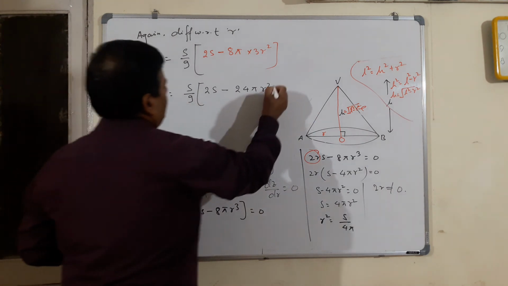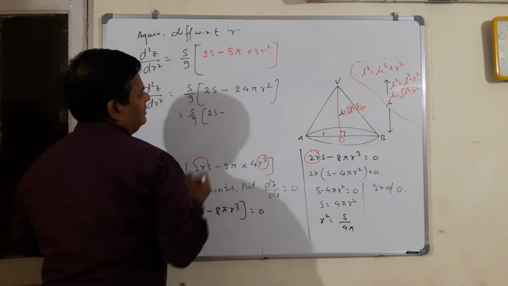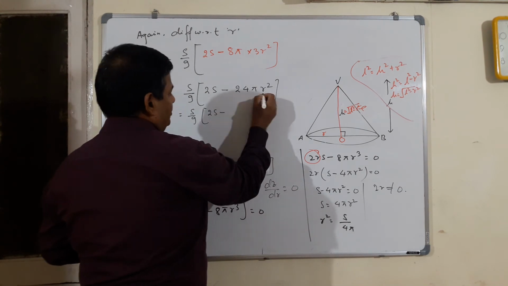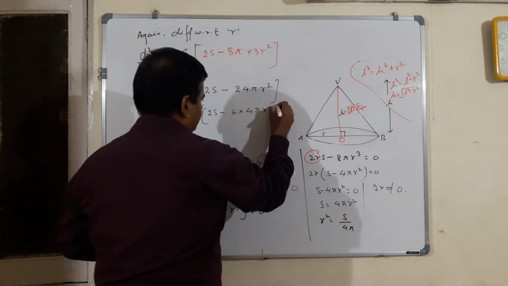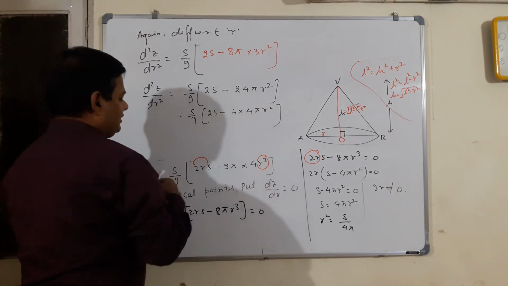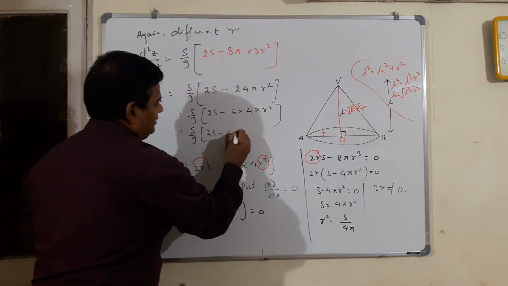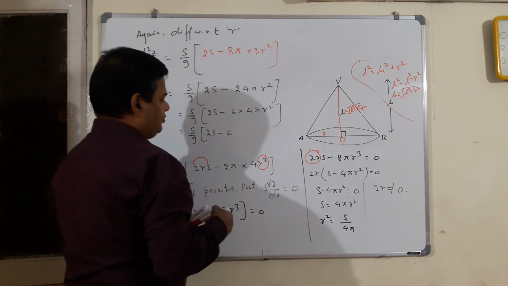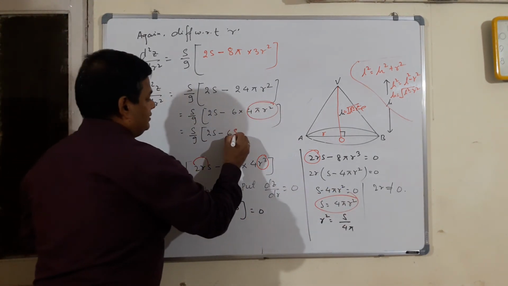Now see here, s by 9, 2s minus 24 pi r square. We can write 24 pi r square as 6 into 4 pi r square. So s by 9 into 2s minus 6 into s, because 4 pi r square is your s.